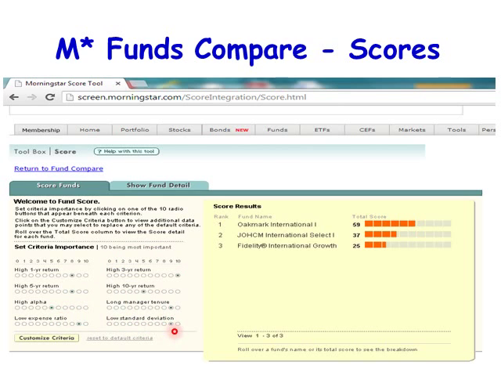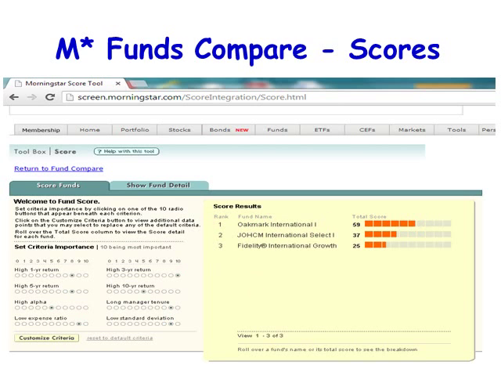I have weighted manager's 10 year tenure, standard deviation, a low expense ratio, and 3 year return, and then I weighted 1 year return at 8 and 5 year return at 8 and alpha at 5. Okay, using this criteria, Oakmark International came in at top.